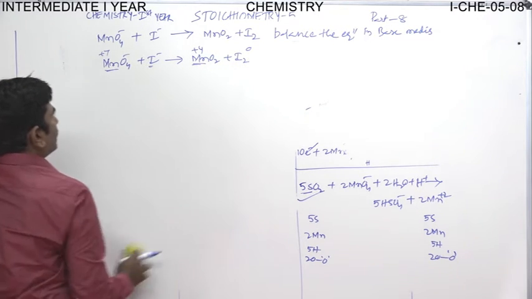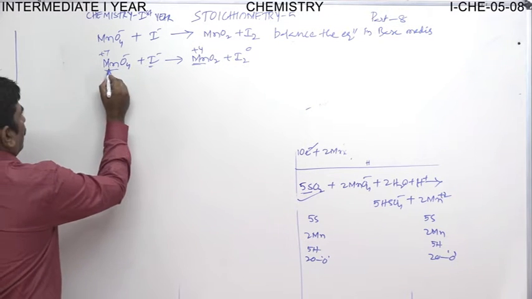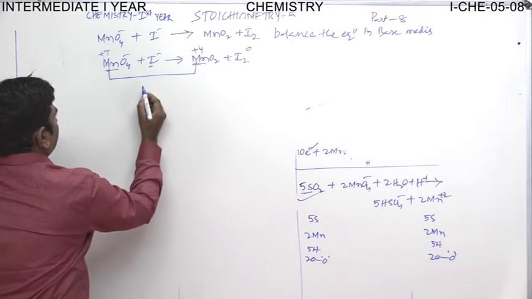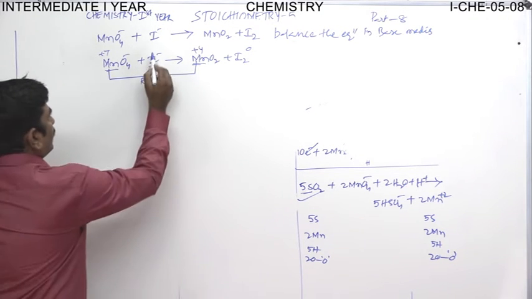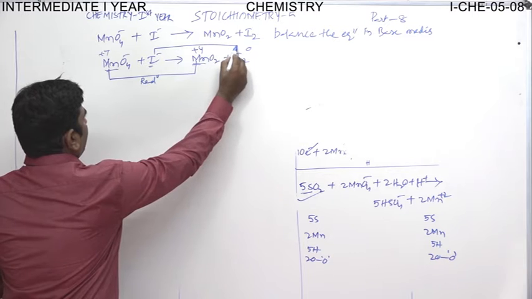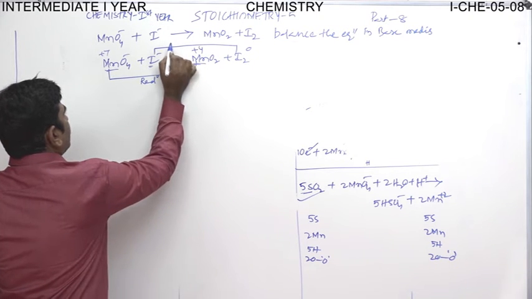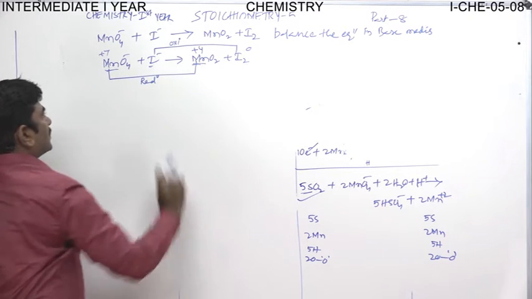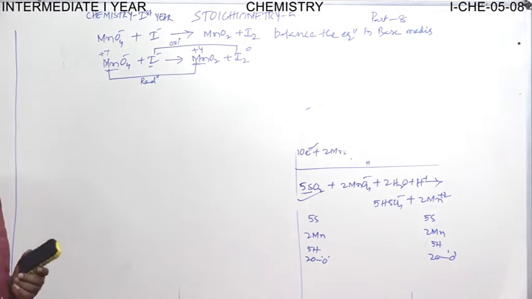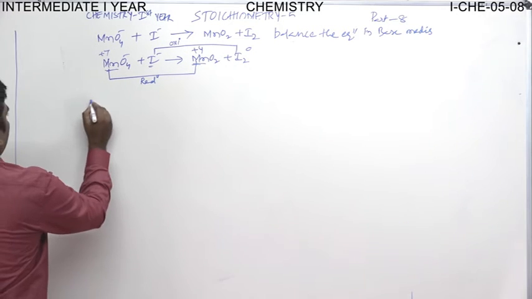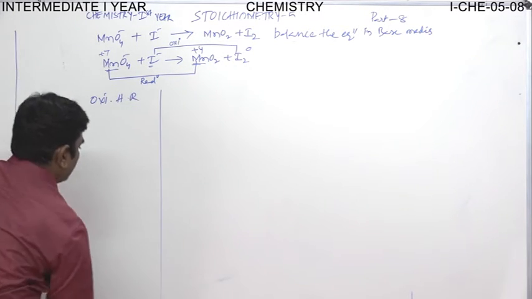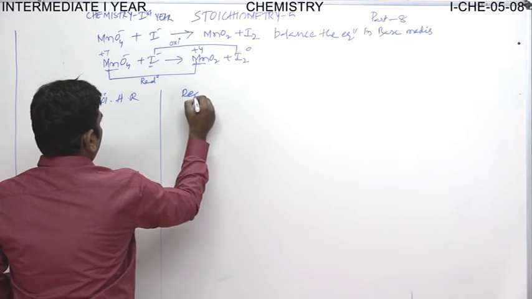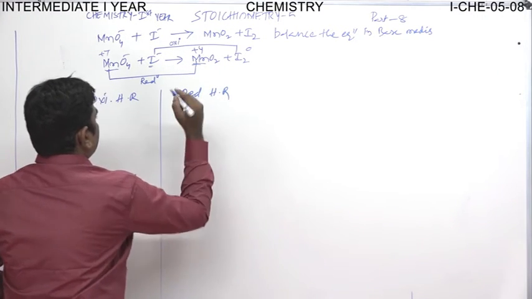Which is undergoing oxidation and which is undergoing reduction? Positive charge is decreasing, therefore reduction. Minus 1 to 0 is an oxidation process. So one side is the oxidation half reaction and the other side is the reduction half reaction.